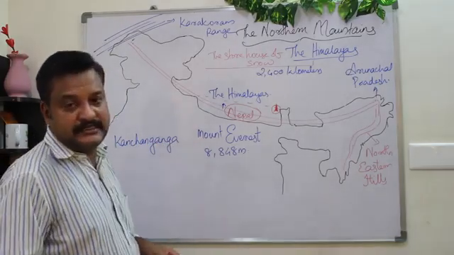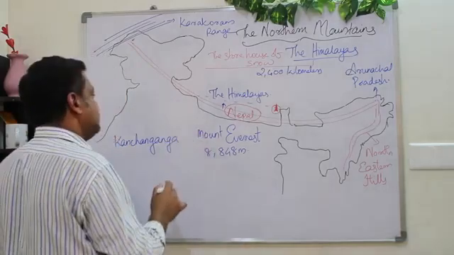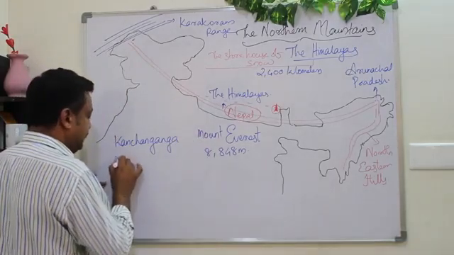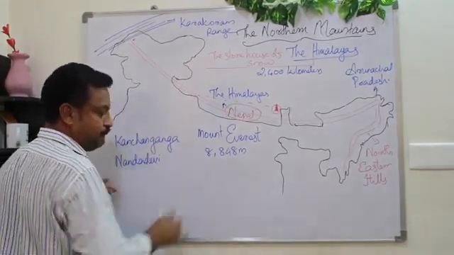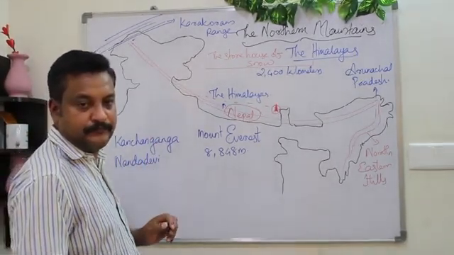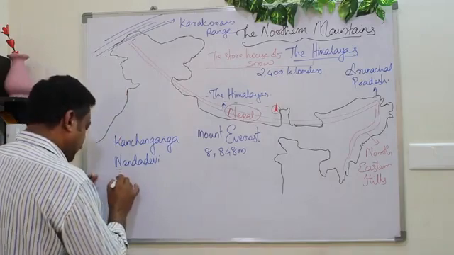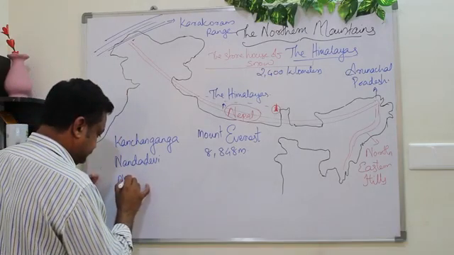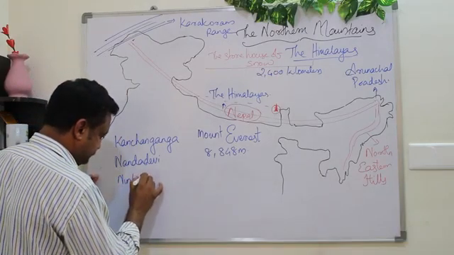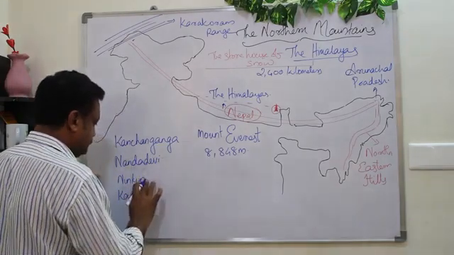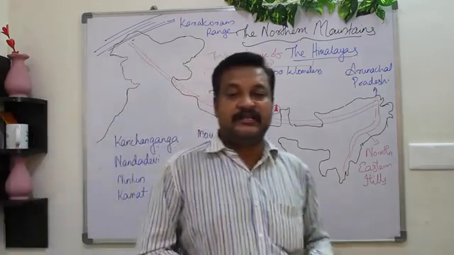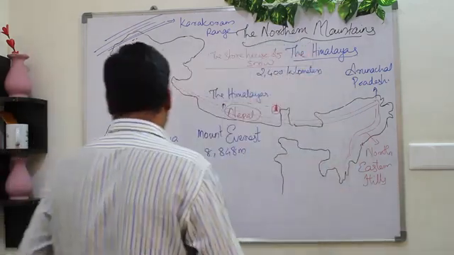Okay, Kanchenjunga is another highest peak. Then we have Nanda Devi, Nankan, Kamat, and Nanga Parbat also.